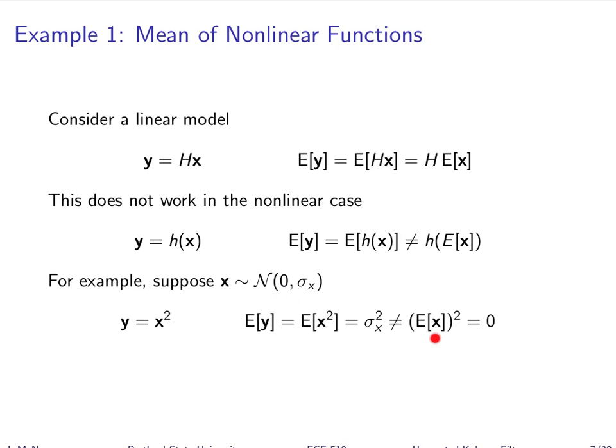And if we plug that in and take the squared value of the expected value of x, we get 0. Completely different, right? So in general, the expected value of a nonlinear function of a random vector or random variable is not the same as that nonlinear function of the expected value. Is that clear? It's one of those important ideas that I hope you've seen before.